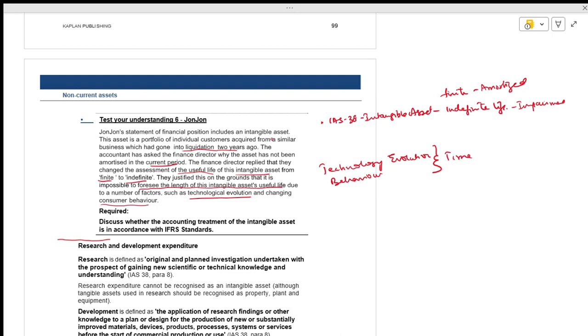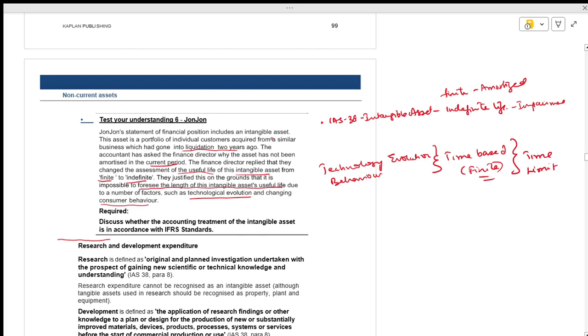It is time based, it is finite. We cannot say that they do not have a time limit. We have to make this judgment.